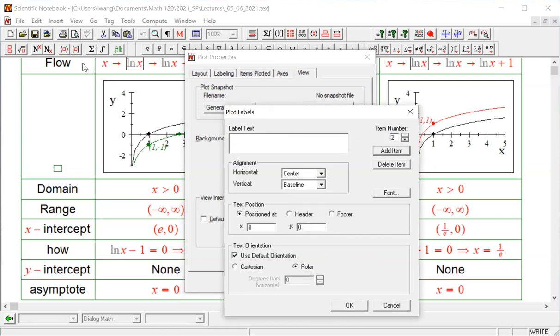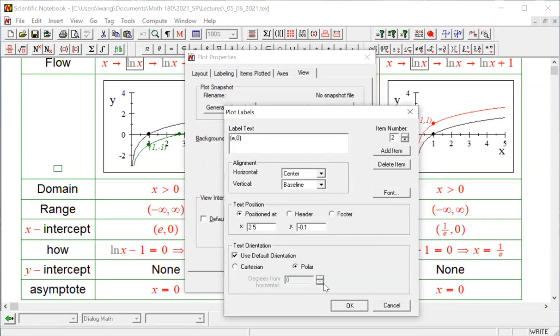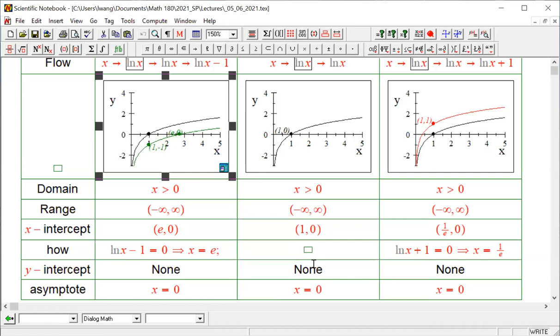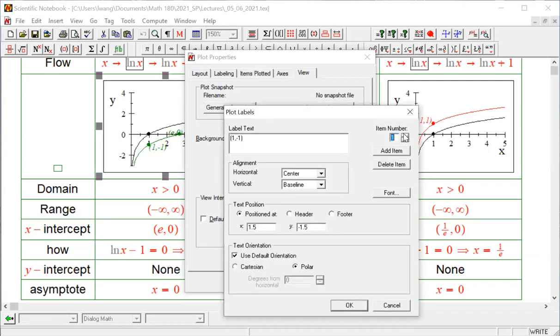You see the difference? I'm going to put negative 0.1, and I'm going to put a green. It's not the best I can do. Okay, so let's make it negative 1.5.